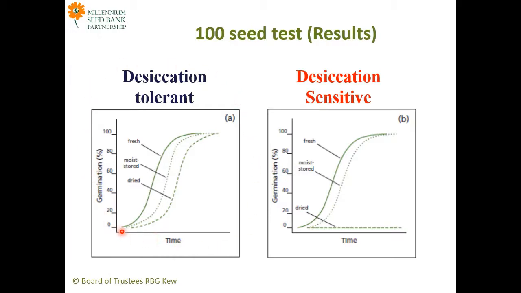You'll see that the shape of the fresh seeds, the moist stored seeds, and the dried seeds have the same pattern. If you have seeds that are desiccation sensitive, the curve for the fresh seeds and the moist stored seeds will remain the same, but the subset of seeds that are dried will not germinate at all.